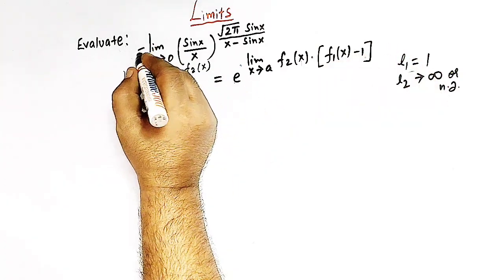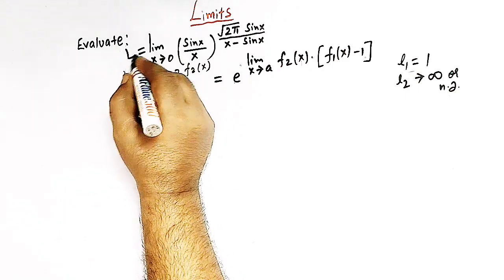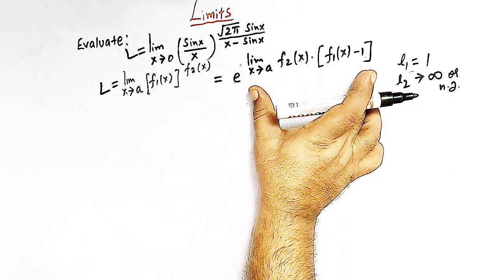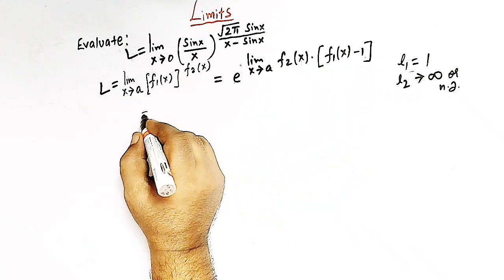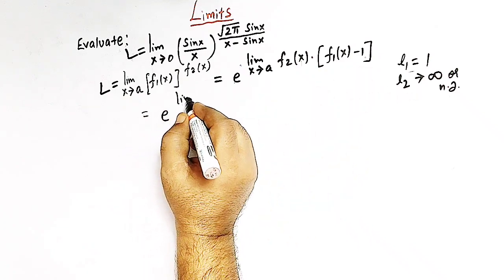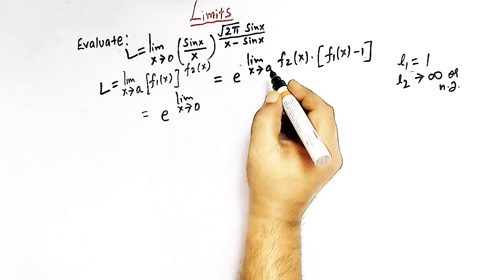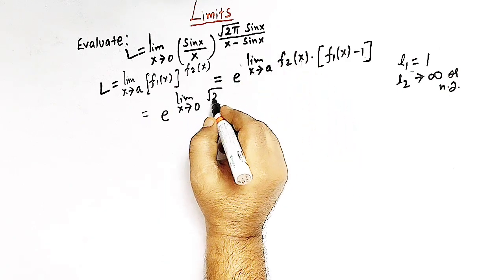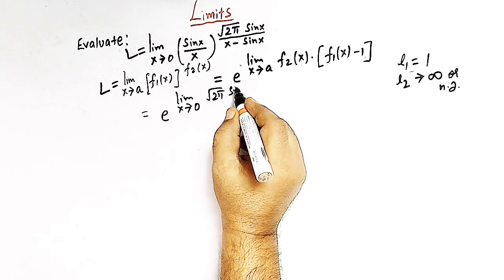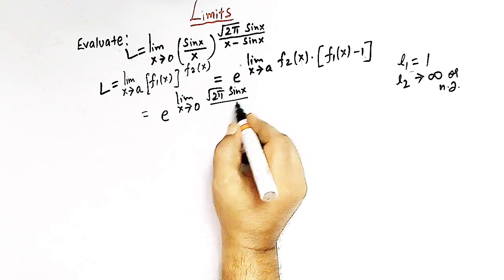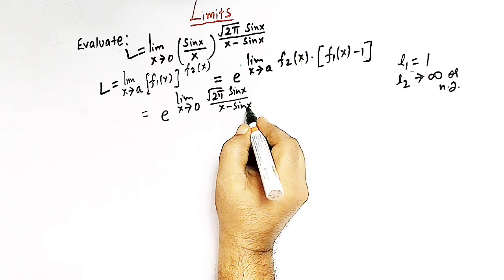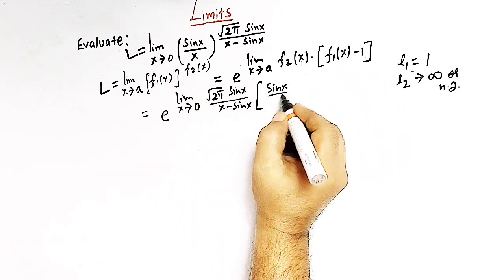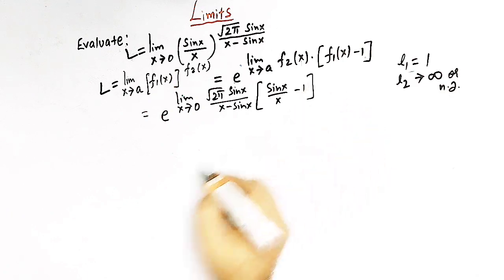So now if we take the value of this limit as L, then the value of L is given by this expression, right? So we have e, and then we have limit x tends to 0 because a is equal to 0, and f2(x) is given by square root of 2 pi sine x divided by x minus sine x, and f1(x) is sine x over x minus 1, right?